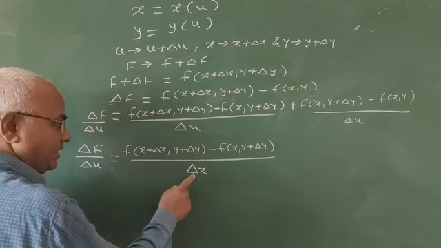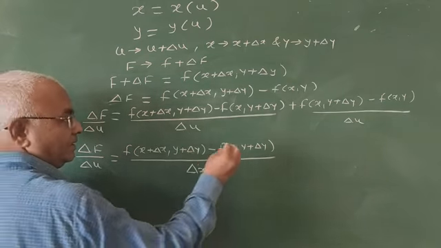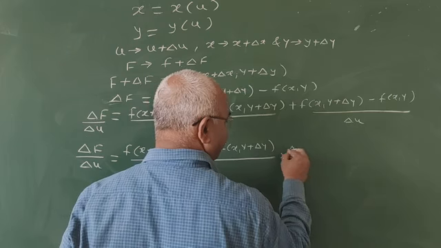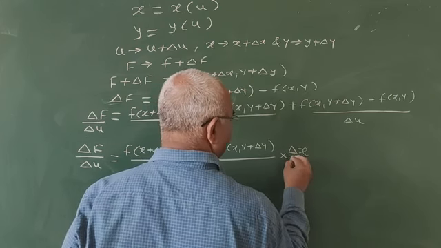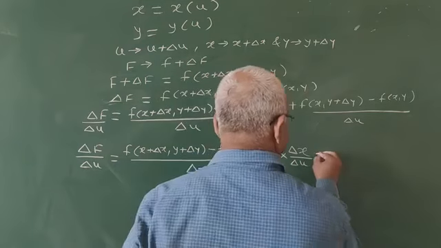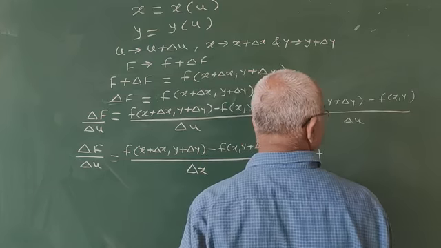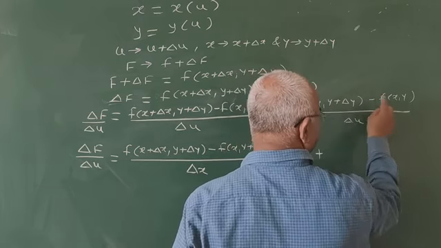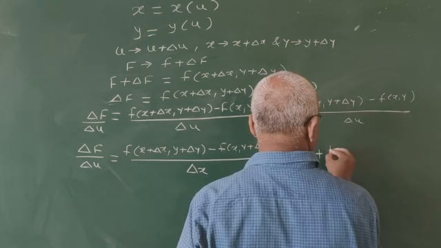In our equation there is no delta x, so we divide, therefore we must multiply by that same term, dividing by delta u. Plus, in the second case, x is constant and y is variable.